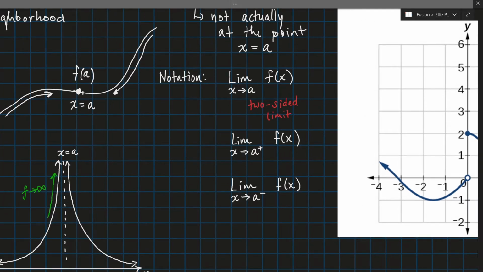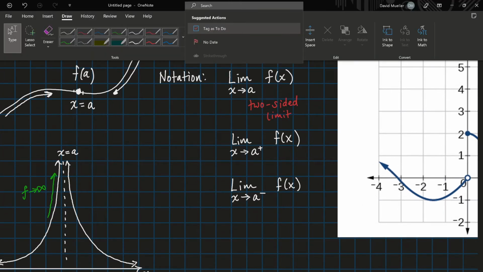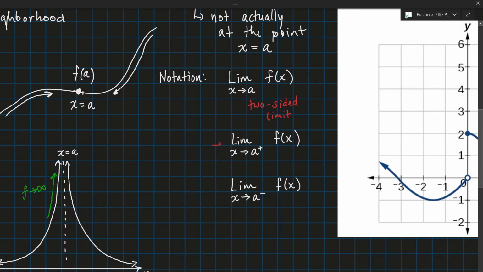And what these two mean are, well, this top one is the one-sided limit.